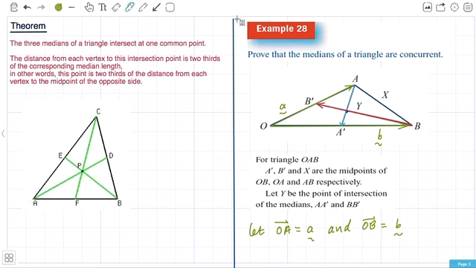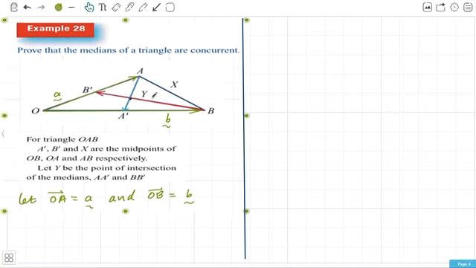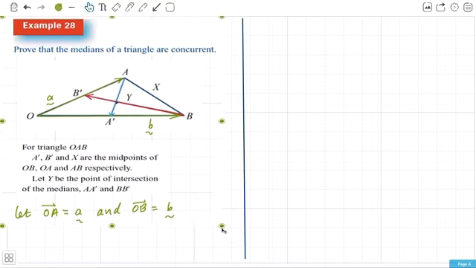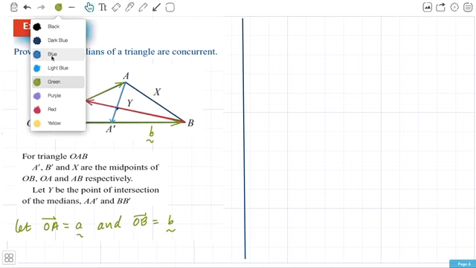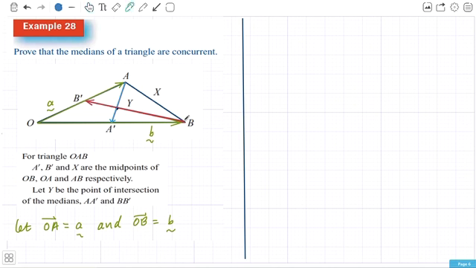So I'm just going to copy this and put this onto the next page, and we can start looking at how we can use this information. So again, I'm just going to change colours. We've got B to Y and B to B dash.